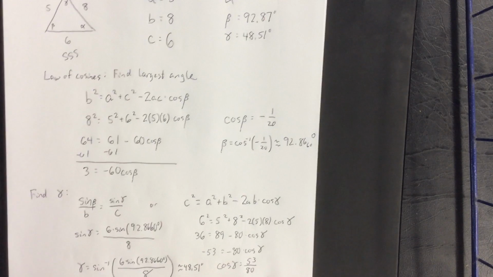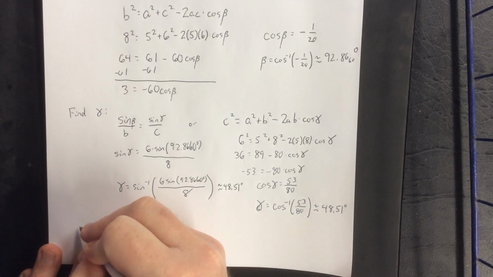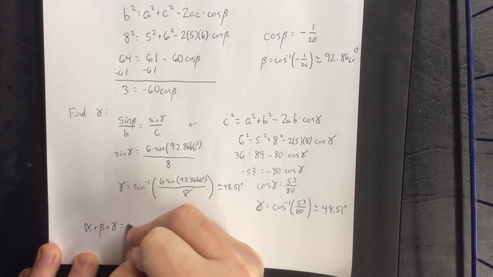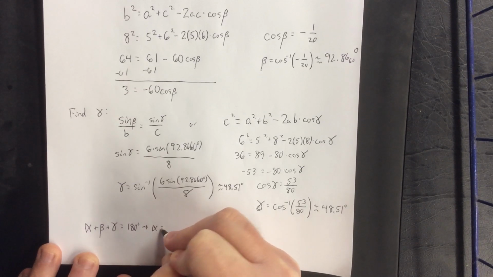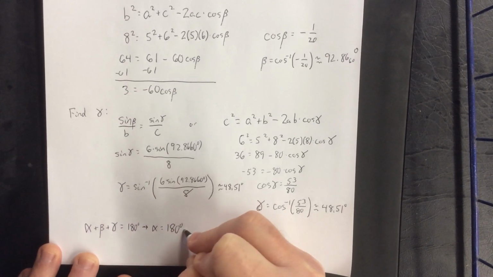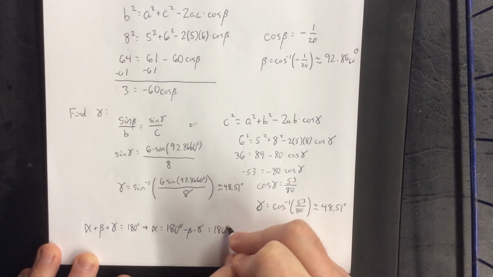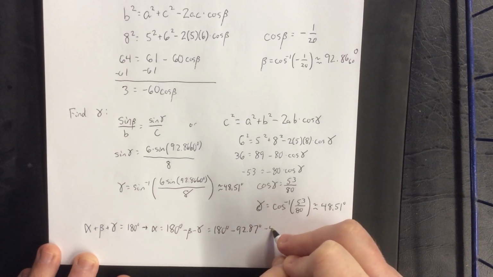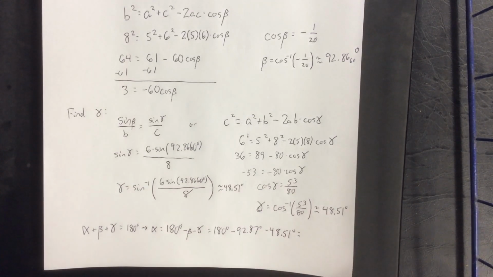Now, once you're to this point, to find alpha, I would recommend subtracting these two angles from 180 degrees. So alpha plus beta plus gamma is equal to 180 degrees, which lends itself to alpha is going to be 180 degrees minus beta minus gamma. So 180 degrees minus, we'll use the 2 decimal place version of these, to get our alpha.